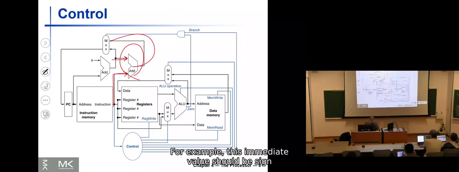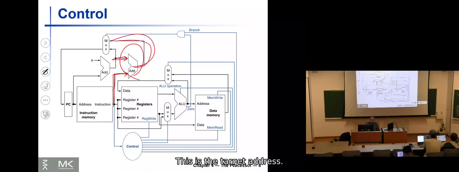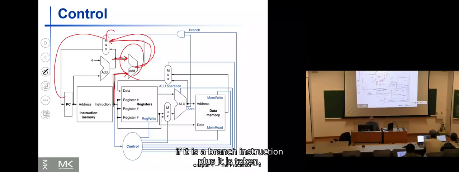It has some details. For example, this immediate value should be sign extended and multiplied by 4. This should also happen, but here it is just a very simple presentation. So the immediate value coming from here is added to PC plus 4. This is the target address. The target address is the source for PC if it is a branch instruction and it is taken. Good?